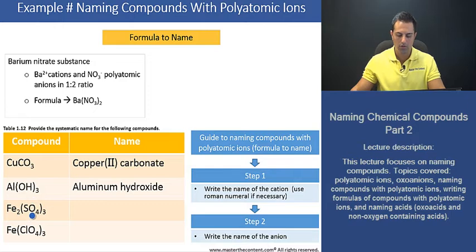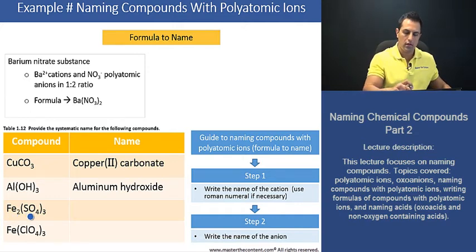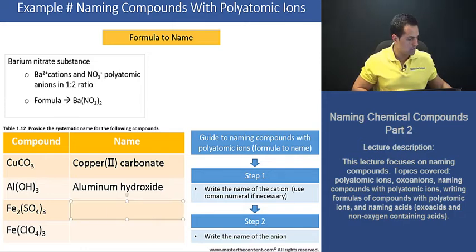Knowing the charge on the sulfate is -2, and we have 3 sulfates, that's a total of -6. To obtain an overall neutral formula, we're going to need to balance that -6 with a +6 charge from the 2 iron cations. Therefore, each iron cation here is going to have a +3 charge, meaning the name of this compound should be iron(III) sulfate. And let's go ahead and take a look at that.